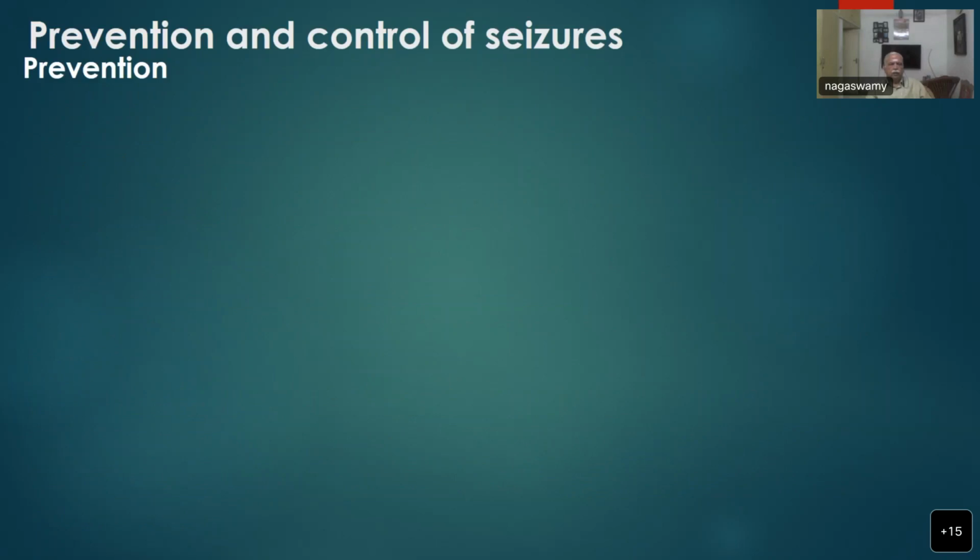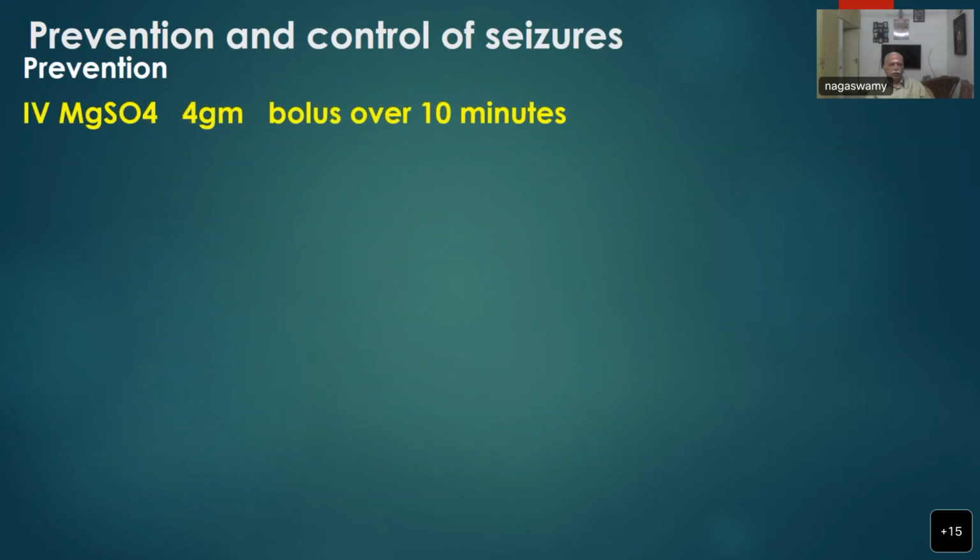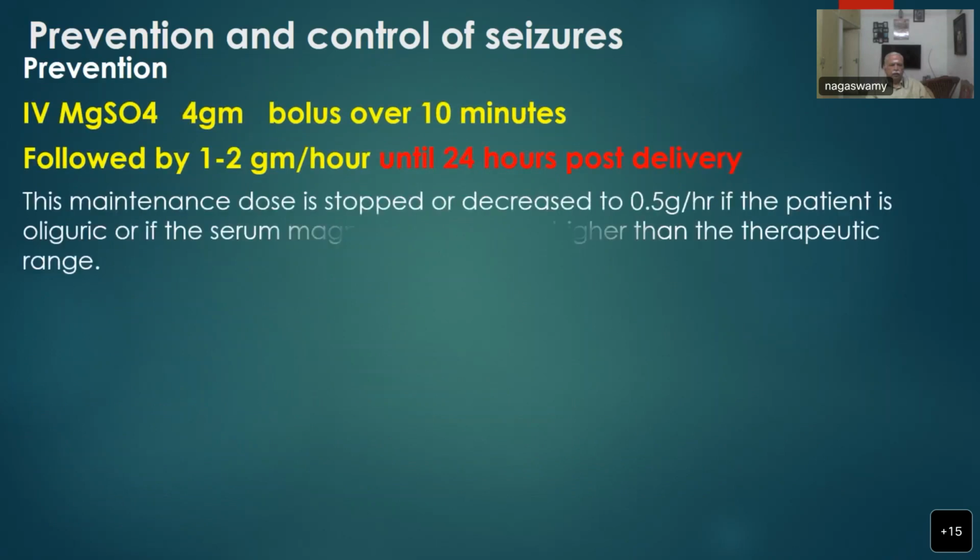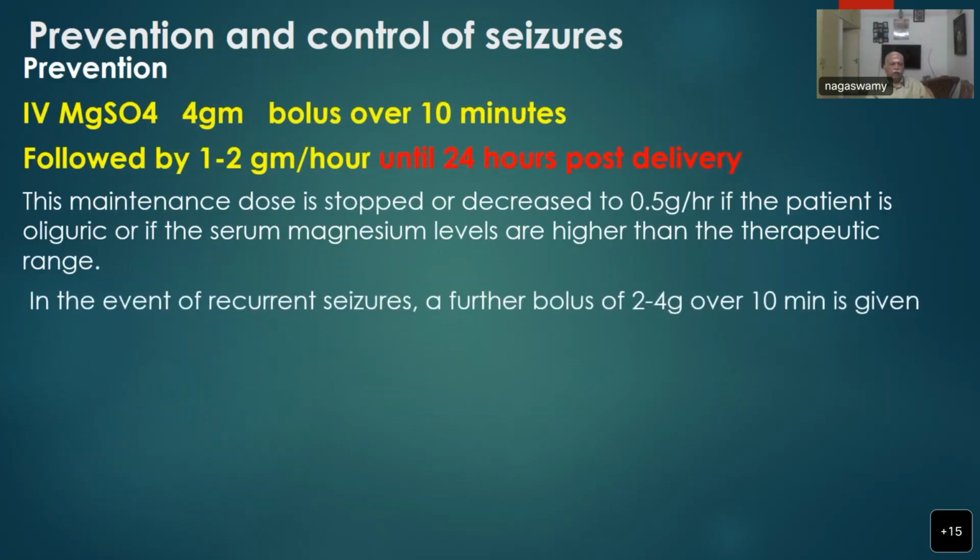So how do you do the prevention and control of seizures? IV magnesium sulfate 4 gram bolus over 10 minutes, followed by 1 to 2 grams per hour until 24 hours post delivery. The maintenance dose is stopped or decreased to 0.5 grams per hour if the patient is oliguric or if the serum magnesium levels are high as measured in the lab. In the event of recurrent seizures, a further bolus of 2 to 4 grams is given.